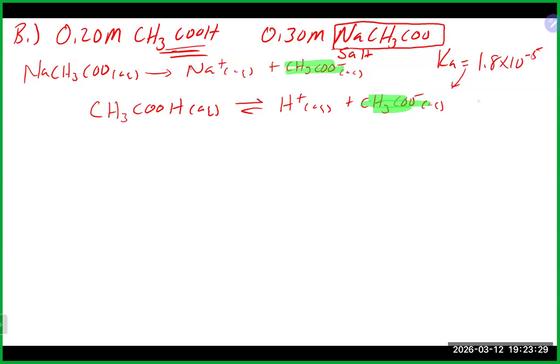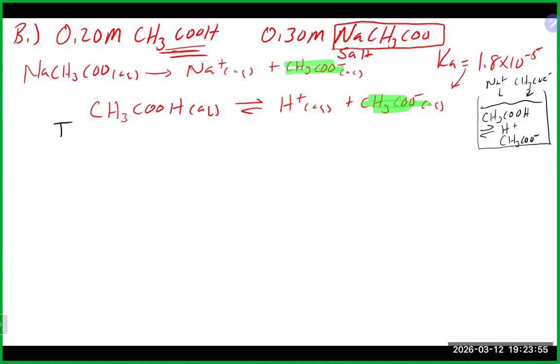So we really have two sources there in the beaker of acetate, one from the equilibrium being set up, and one from the addition of our sodium acetate into the beaker. So this will affect our ice table in a certain situation.